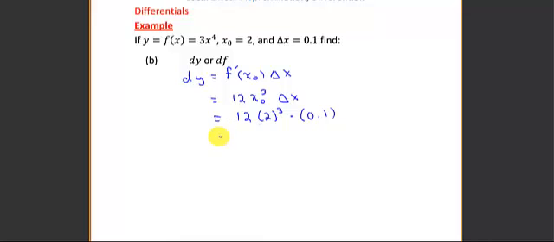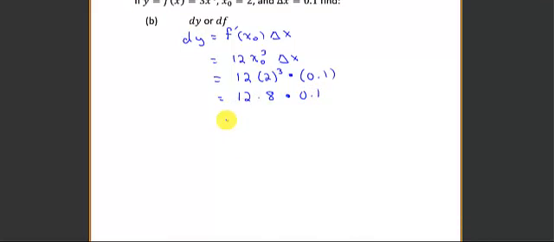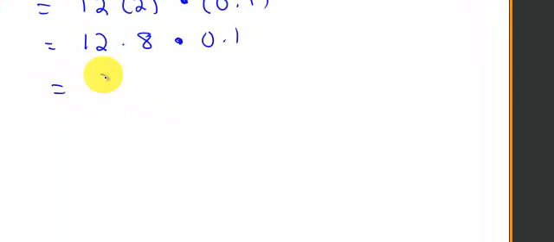Well, 2 to the third is 8, so this would be 12 times 8 times 0.1. Well, 12 times 8 is 96, so this is going to be 96 times 0.1, or 9.6.